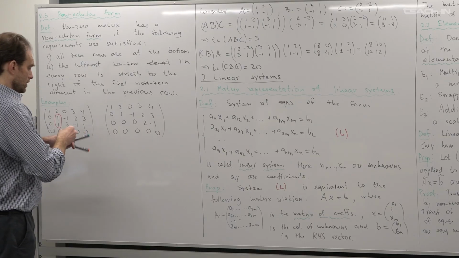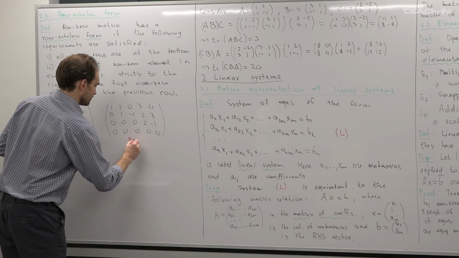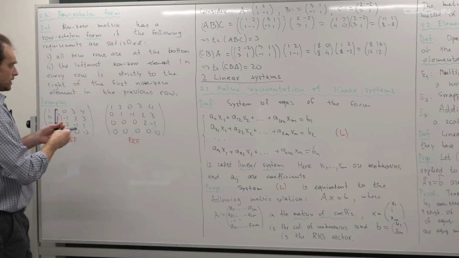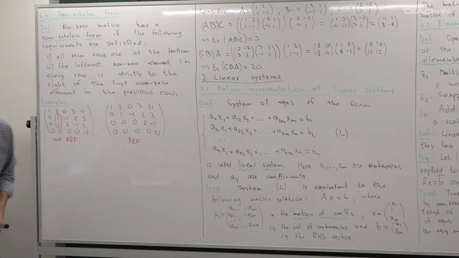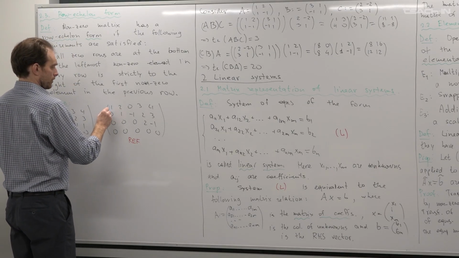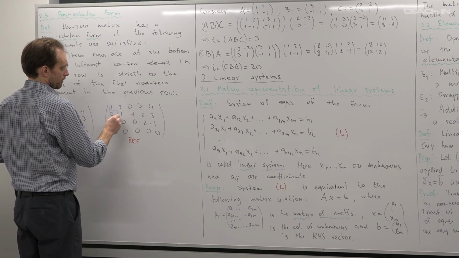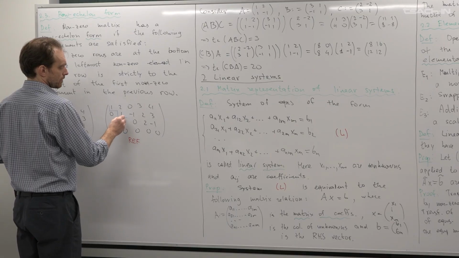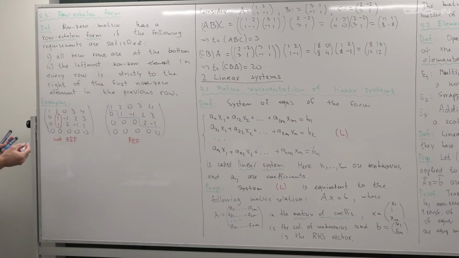So this is row echelon form, just because here we have the first non-zero element in the first column, here we have the first non-zero element in the second column, and here we have the first non-zero element in the third column.